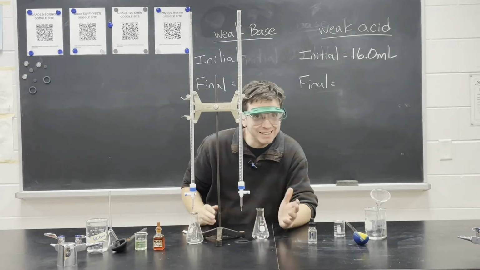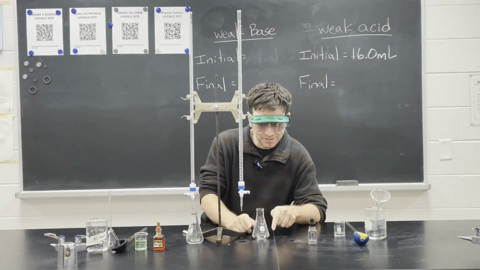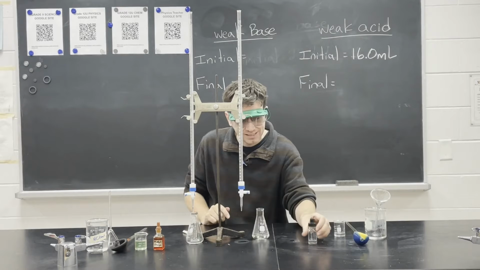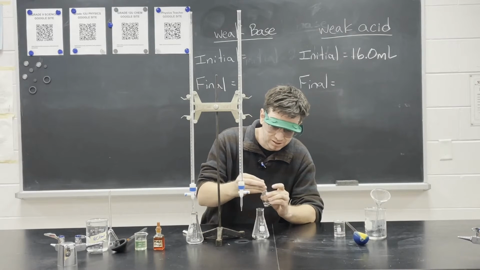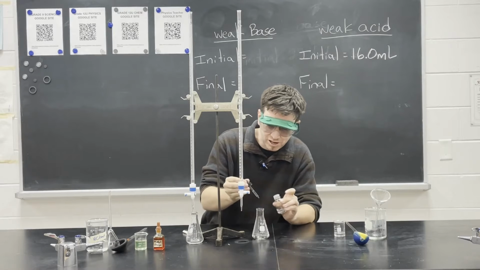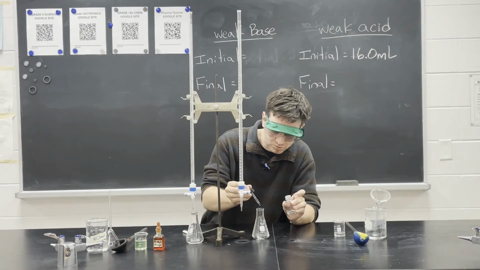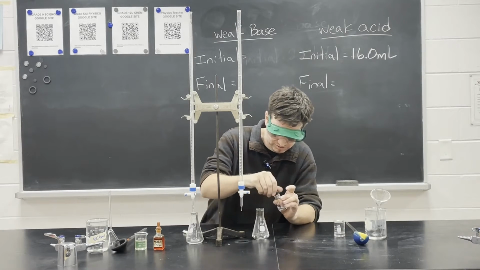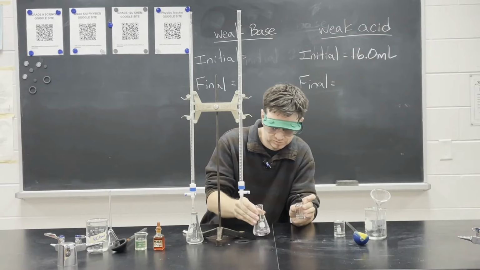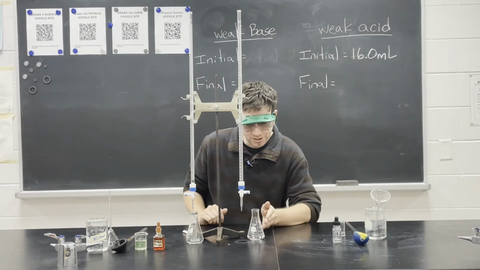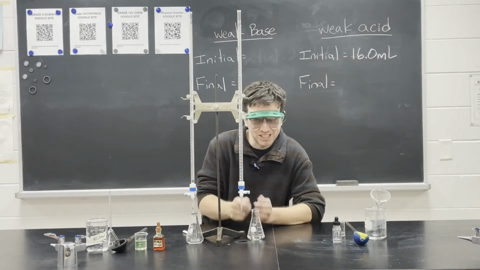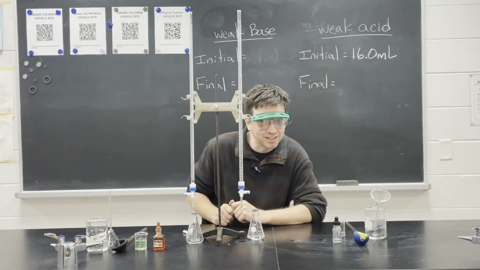Right, now a good indicator to use when you have a weak acid and a strong base is phenolphthalein. So I'm going to put 2 drops and 1 for good luck into my acetic acid. So I need to titrate this until it just turns to a nice baby pink color.